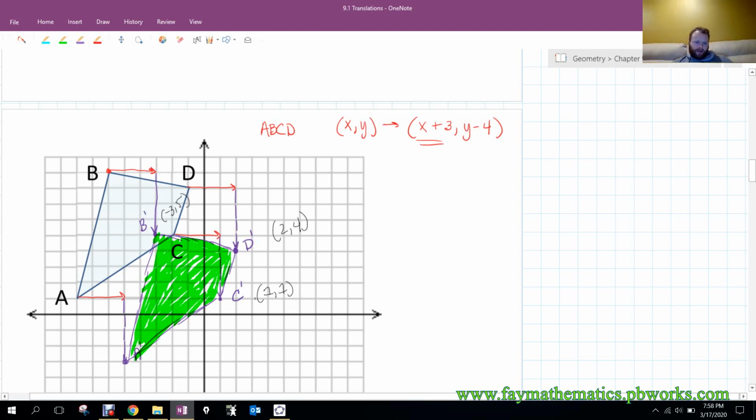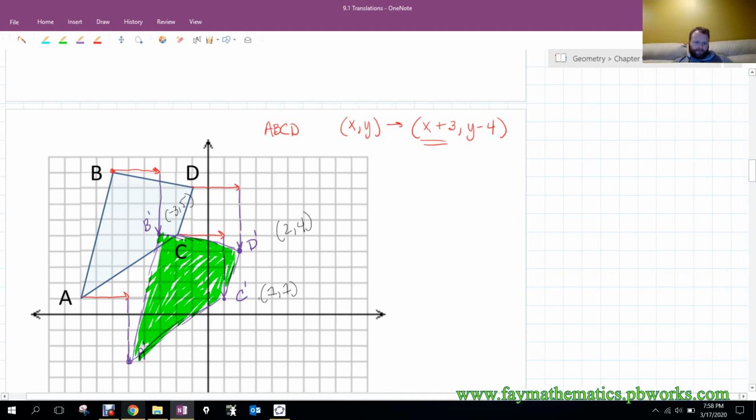And A prime is at negative 5, negative 3. All right, so that's kind of the nuts and bolts of that.